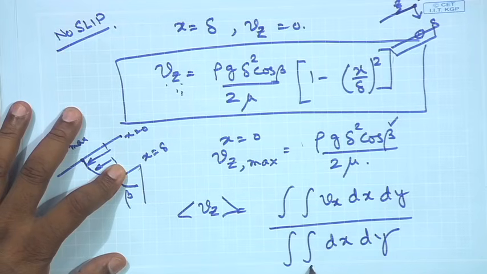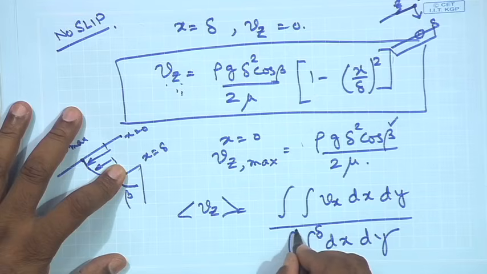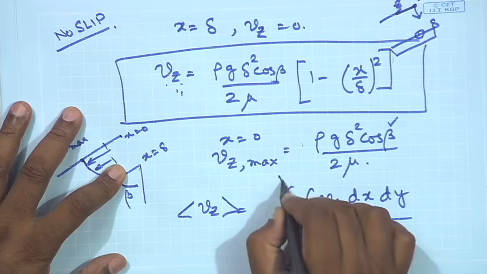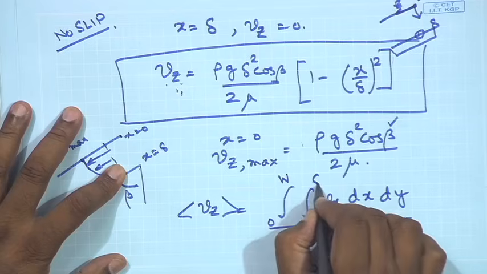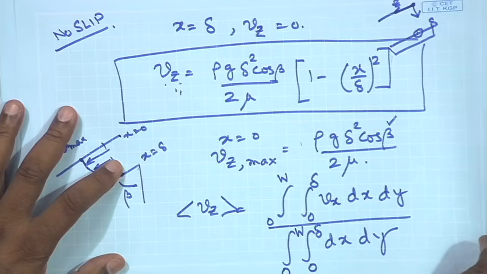And if you see that x varies from 0 to delta, which is the thickness of the film, whereas y is the width of the film. So, it varies from 0 to w. So, it is from 0 to w for y and 0 to delta for x.